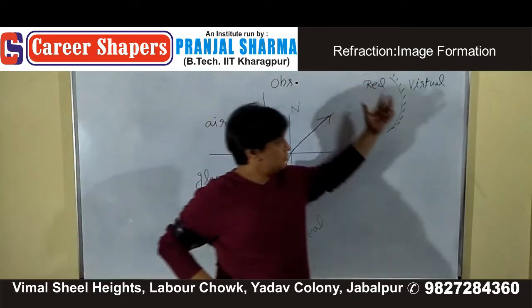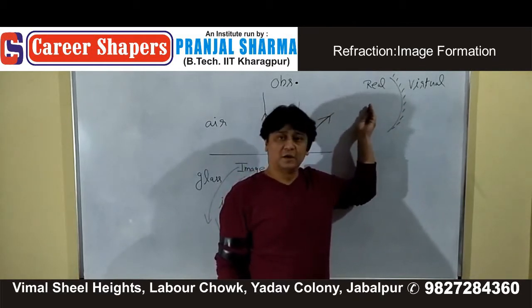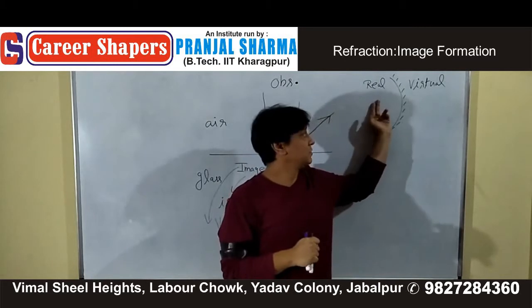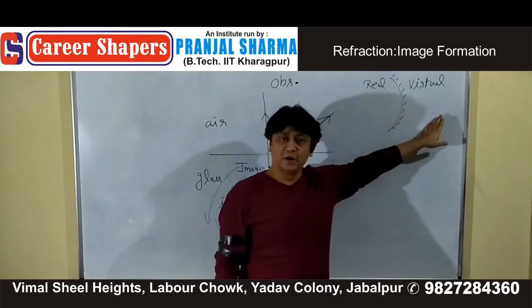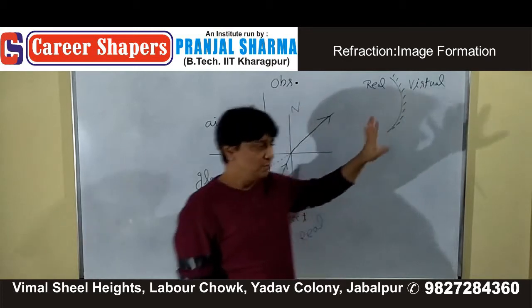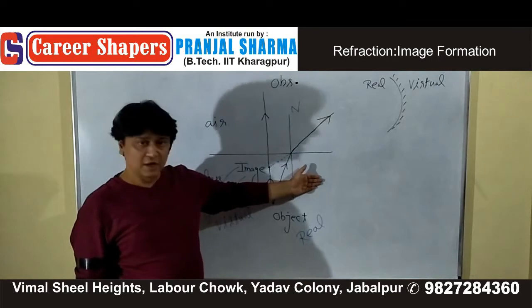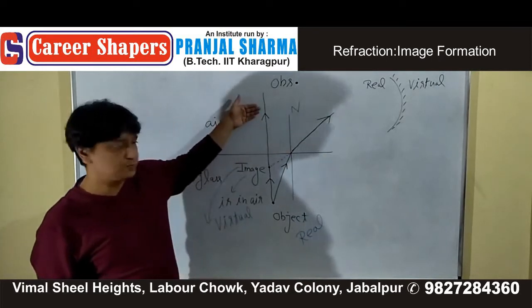In case of mirrors, it was quite easy. In front of the mirror, light rays are possible, that's called the real side. Behind the mirror, rays are not possible, that's called the virtual side. But in refraction, light rays are possible in this portion as well as in this portion.